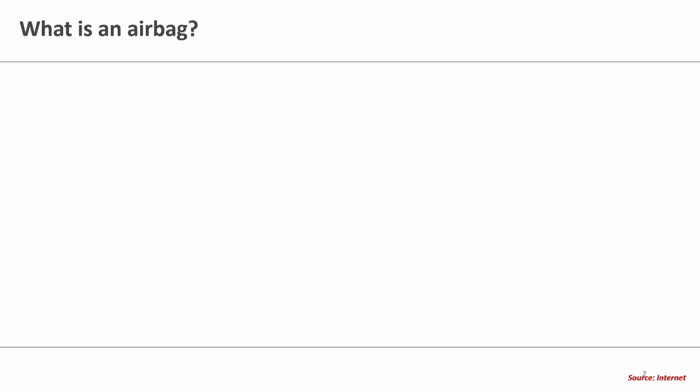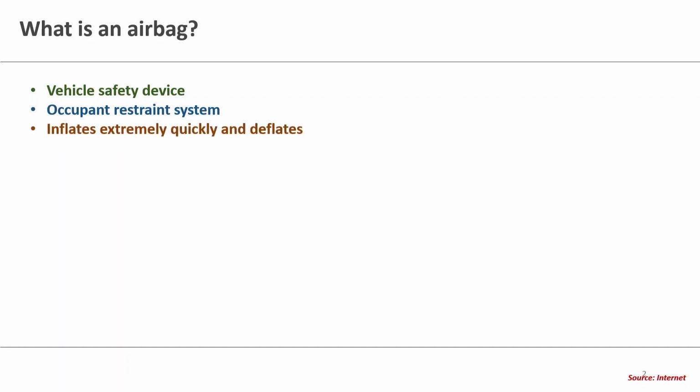So, what is an airbag? This is for the safety of any vehicle. It is a vehicle safety device, an occupant restraint system, which inflates extremely quickly and then deflates, that is the system.